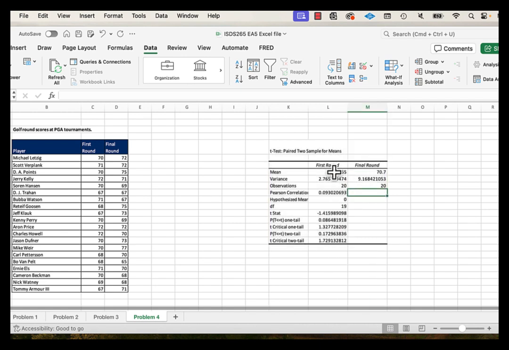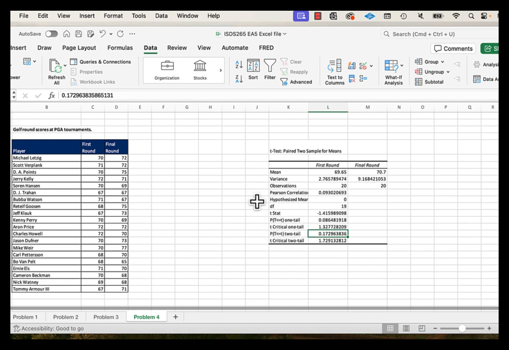And so this is what we have. The first round and final round means are fairly similar, 69.65 versus 70.7. We're just looking to see whether the mean changed between rounds, which makes it a two-tailed test.